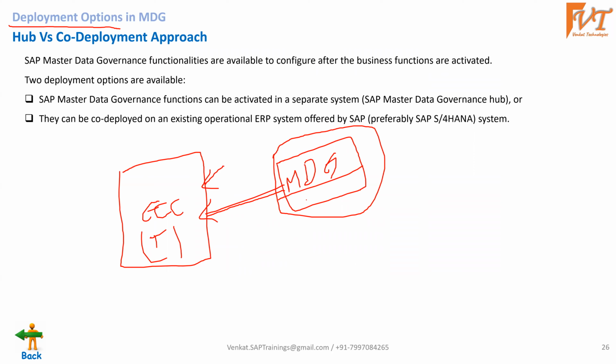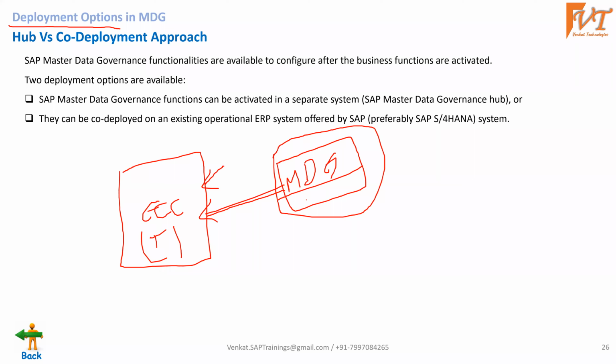Now, let's take a couple of scenarios. A few customers might have their business spread across various locations or plants, and a few might not have that kind of distribution. They have their own business unit and want to implement MDG only for a specific business unit. Let me summarize this.